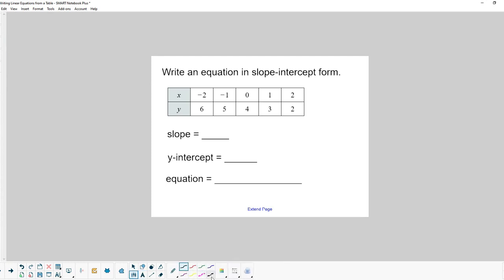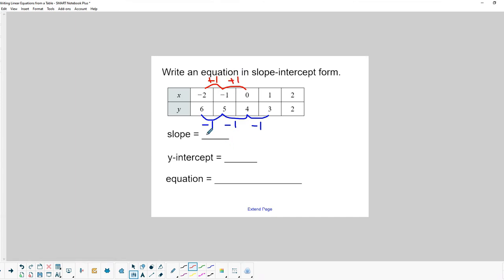So let's start by finding the slope. The change in y as I go from 6 to 5, and 5 to 4, and 4 to 3, the change in y is -1, right? Then the change in x, if we look at the other numbers, to go from -2 to -1, from -1 to 0, that's an increase of 1.